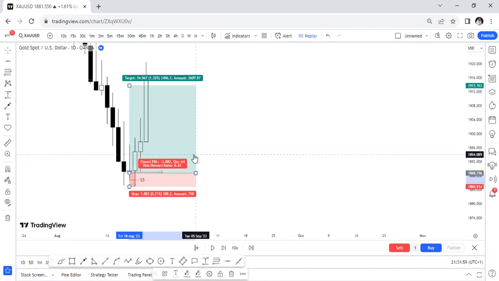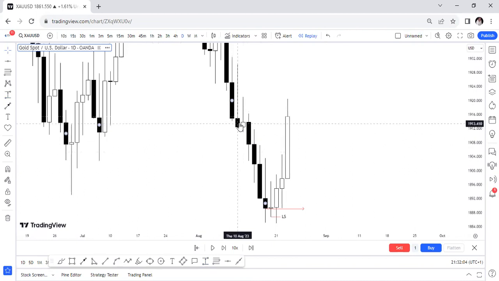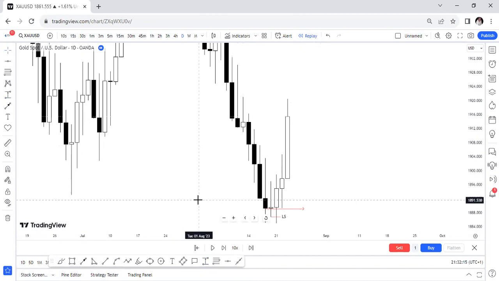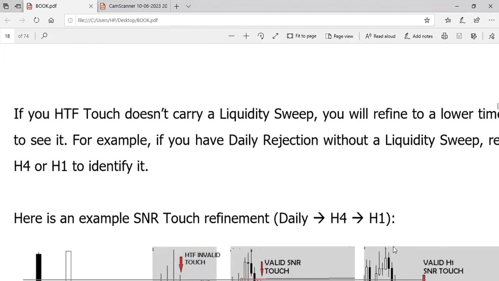That's for a buy trade. So you repeat it for a sell trade. For example, this place now. If you don't see a liquidity sweep in a higher time frame, you should go to a lower time frame, one time frame lower or 2 time frames lower.